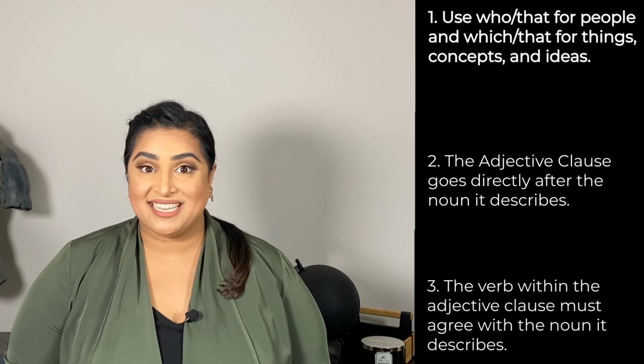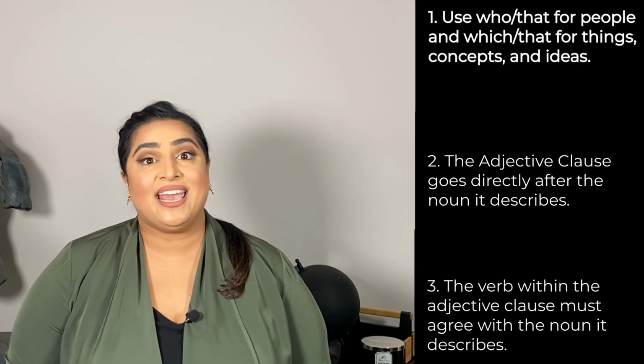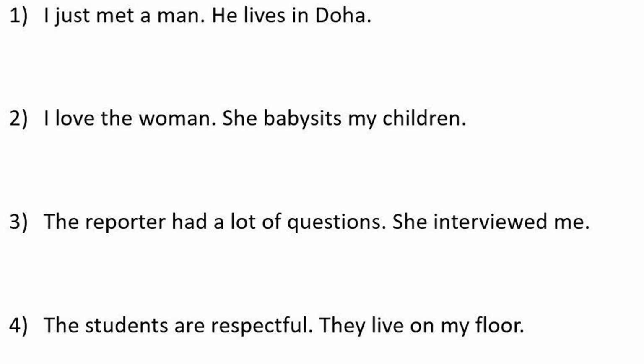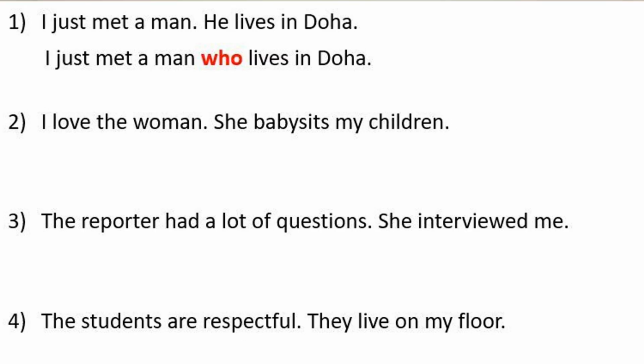Take a few seconds using those tips, try to combine the sentences that you see using an adjective clause. Okay, so let's check our answers. In sentence number 1, we have, I just met a man. He lives in Doha. Together, using an adjective clause, we have, I just met a man who lives in Doha.